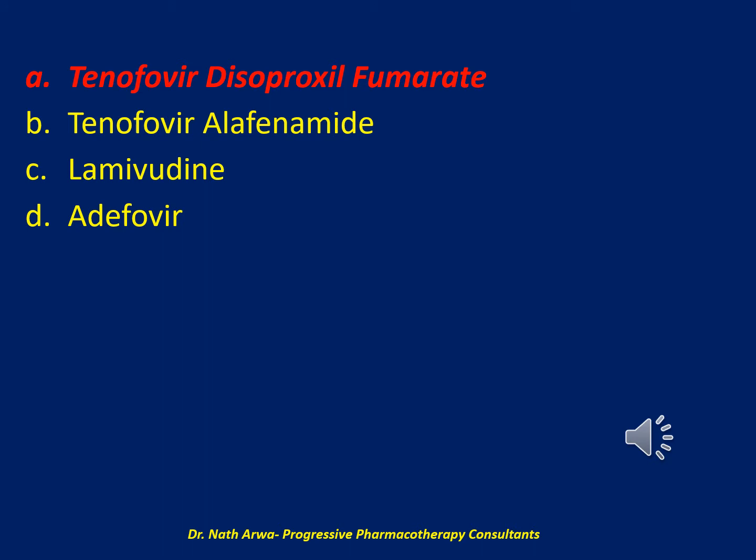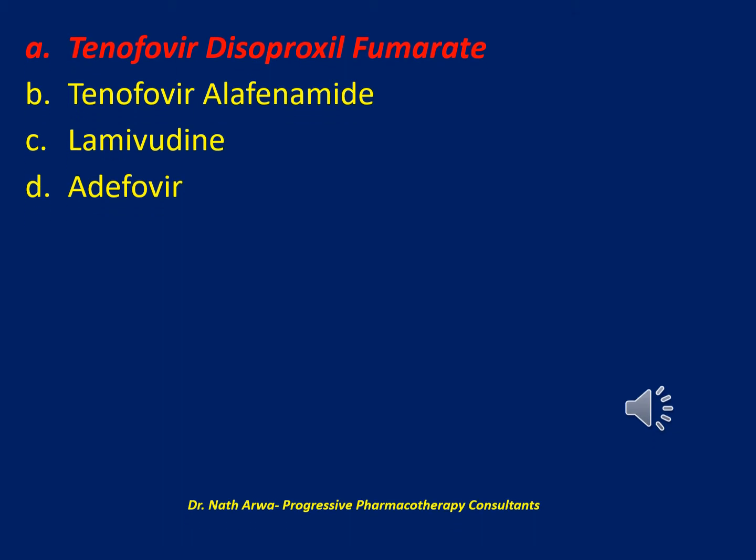Option D is considered an alternative agent, as is option C. Lamivudine is noted to have high rates of resistance after 1 year of use. Option B is contraindicated with rifamycins and should not be used in someone undergoing TB treatment with RIPE therapy. Let's advance to the next question, please.